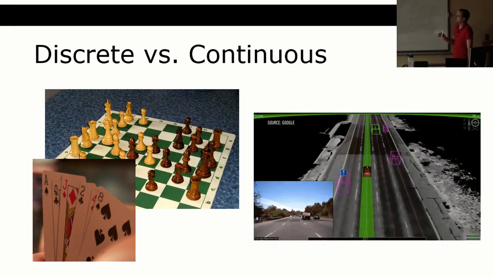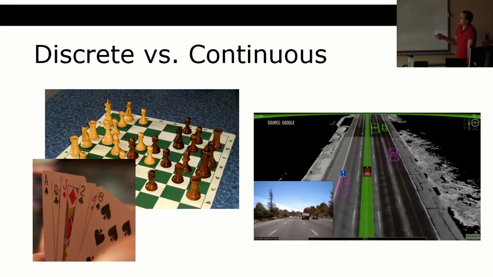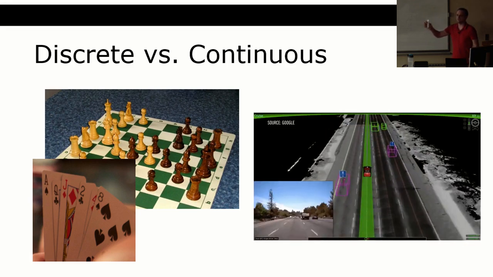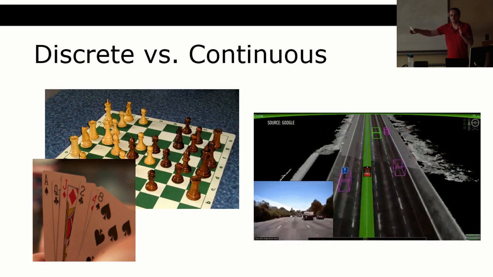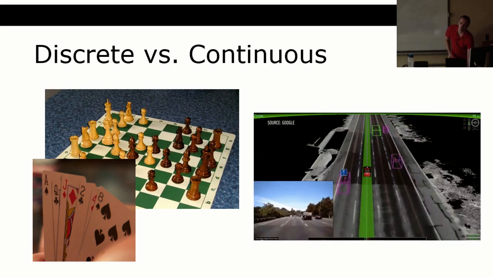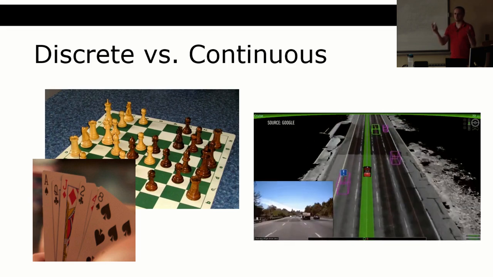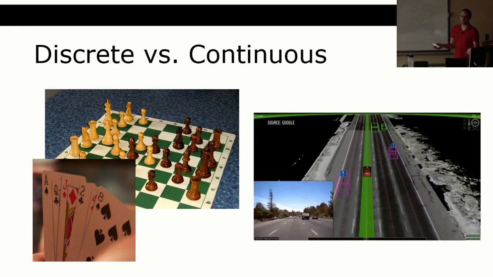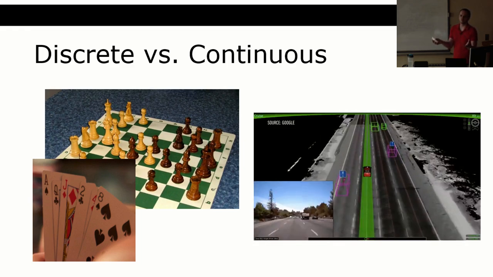Now, oftentimes, the way that's actually done is to take a continuous environment, like the real world, and chop it up into discrete parts so that we can apply our algorithms to it. Because we still don't have truly continuous numerical representations in a computational space, right? Even floating point numbers, even though they look kind of continuous, are actually discrete.